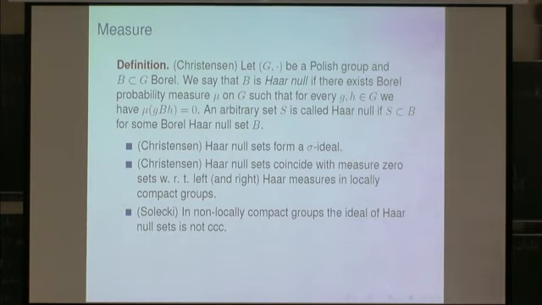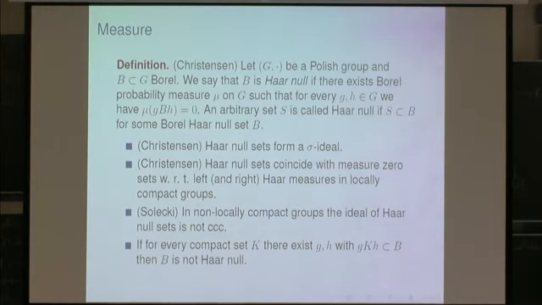And one trivial observation is that if we have a set B, so that every compact set can be translated into this set, then this set is not Haar null. This is obvious because if we had a witness measure, then this witness measure is positive on some compact set, but we can translate this compact set into B, so this could not be a witness measure.